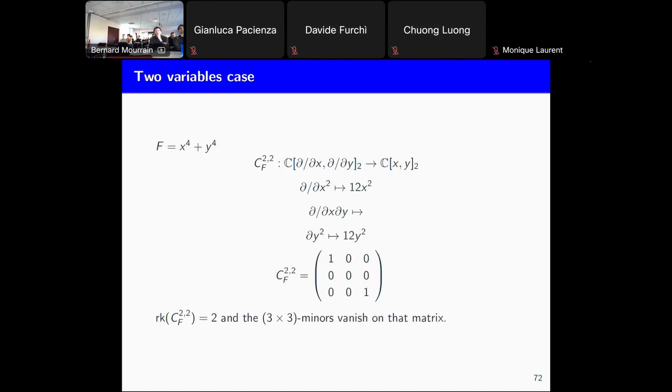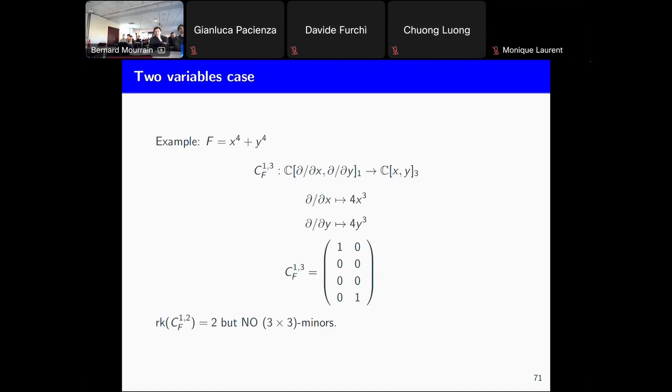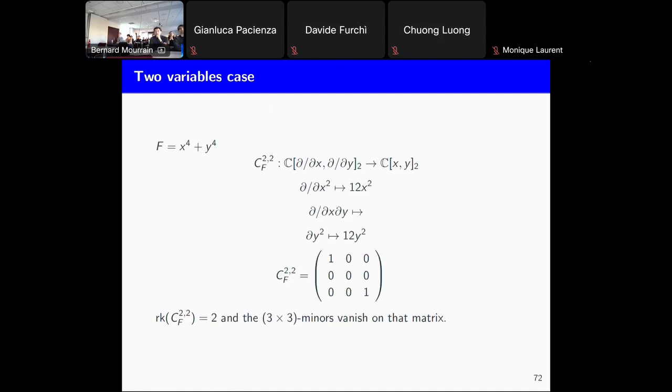The previous one was the catalecticant that went from partials of order 1 to polynomials of degree 3. Sorry, it's a degree 4 polynomial. And now we look at the next catalecticant. The next one goes from partials of order 2 to polynomials of degree 2, of the same polynomial.